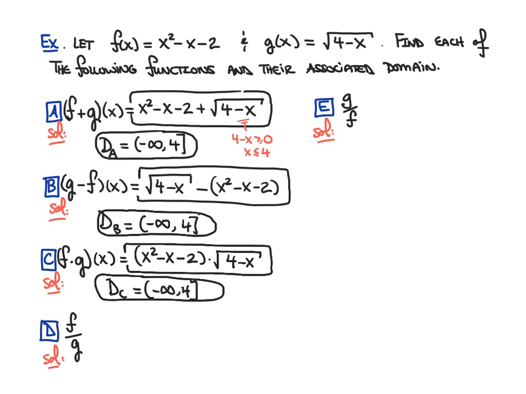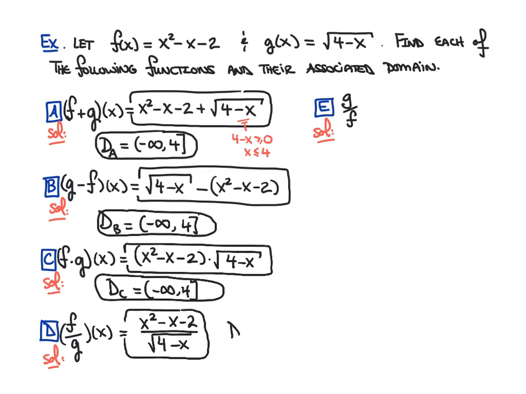Now the division gets a little more interesting. So if we want to find f divided by g, we're going to take f on top, and we're going to divide by g to get our new function here.